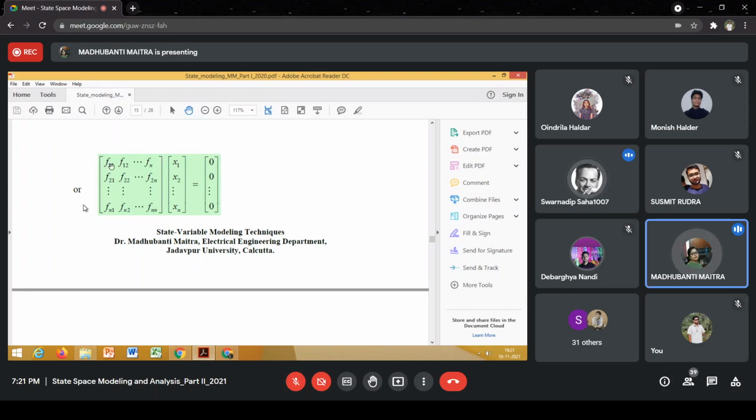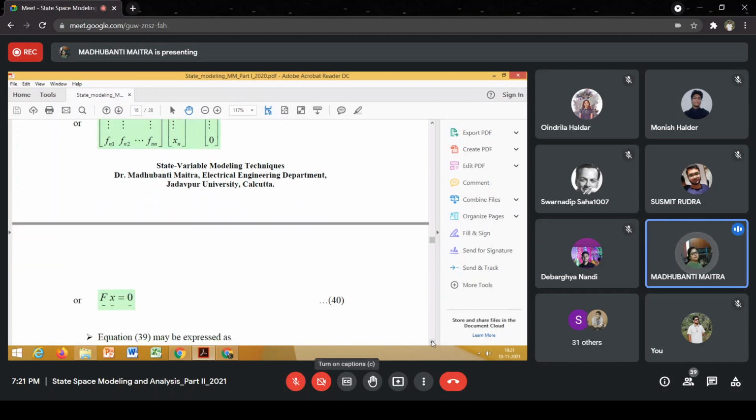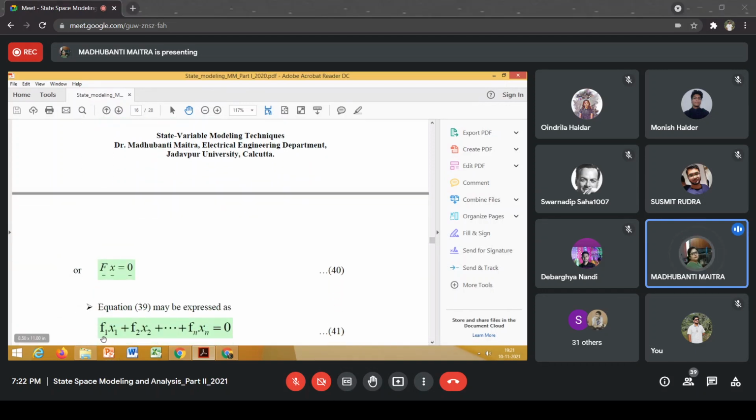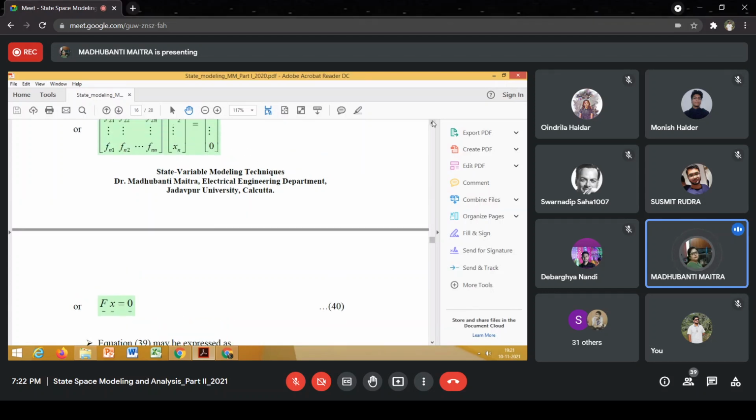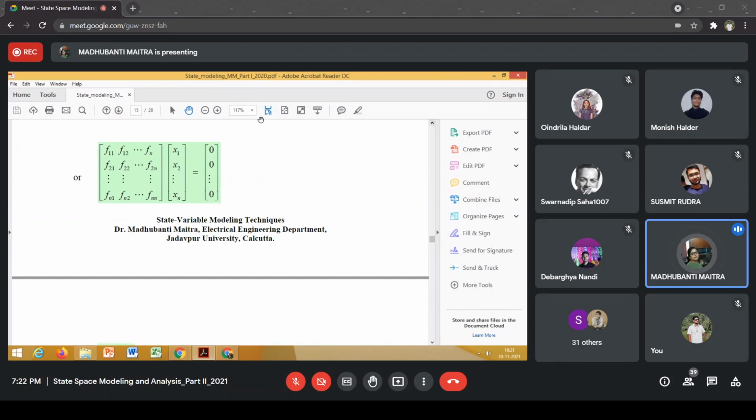So this column vector can be represented by f1, the second column vector having elements which are f12 x2, f22 x2, fn2 x2.